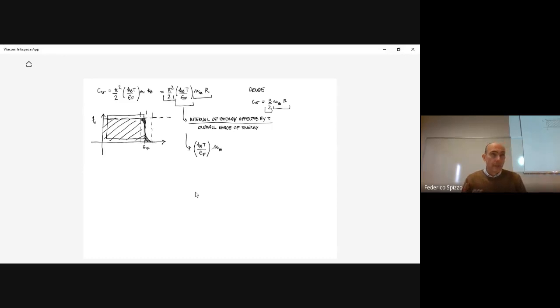So the density of electrons that contributes to the specific heat is not NM, but is NM times this fraction. And due to the fact that that fraction is very small, because kT is smaller and smaller with respect to EF, the actual number of electrons that contribute to the specific heat is very low.